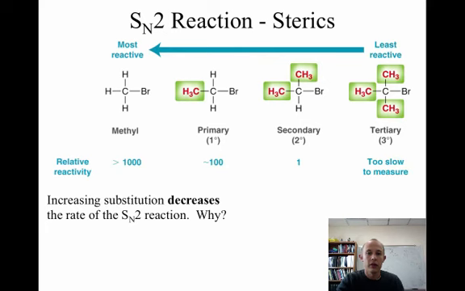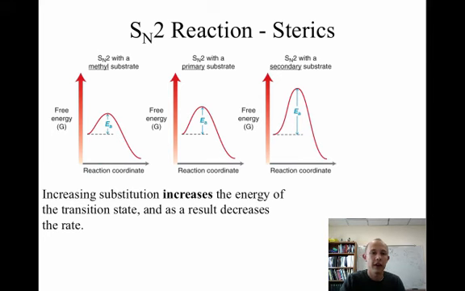Imagine as the nucleophile is approaching, if it's getting repelled by those really big groups, that's going to lead to a higher energy interaction. So as we increase the bulk surrounding that carbon, that increases the energy associated with the transition state because we're trying to jam something into a very crowded space. That's a high energy interaction.